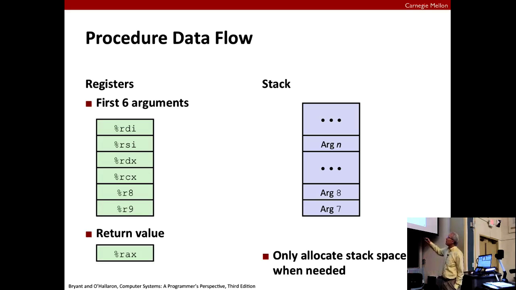In particular, the rule is that the first 6 arguments get passed in these particular registers. You just have to memorize the order of them or have a table handy to look at, because there's no particular logic to it.